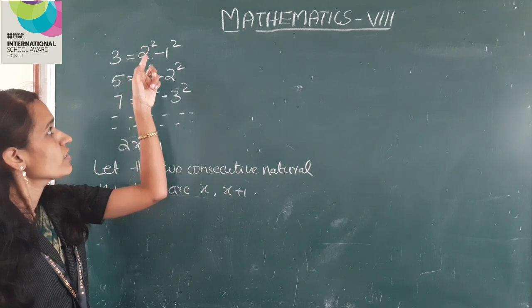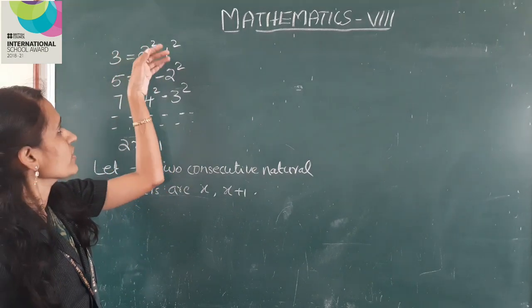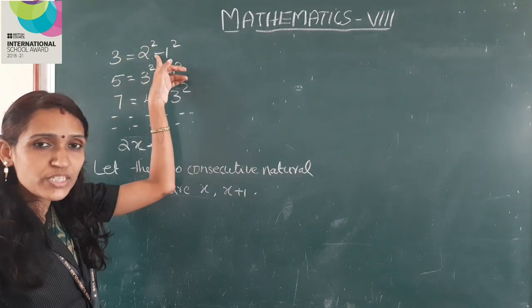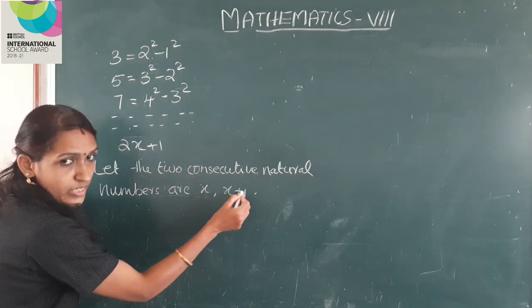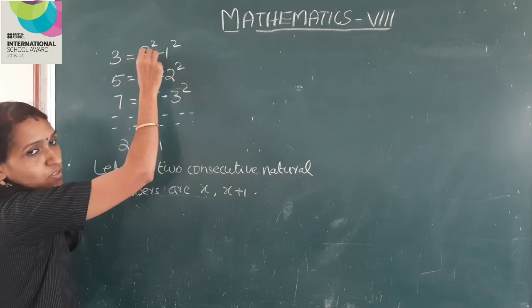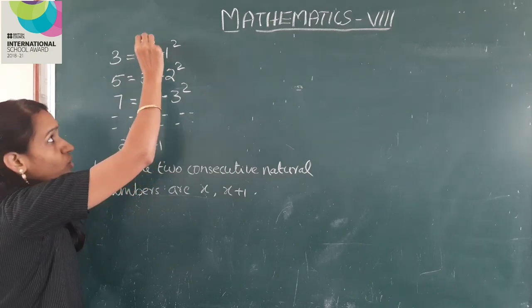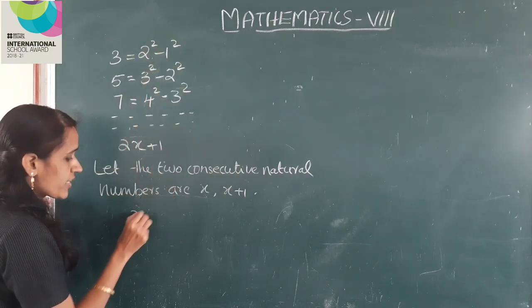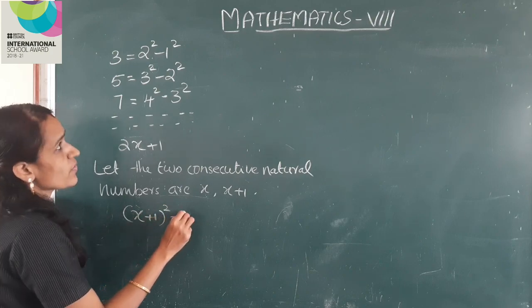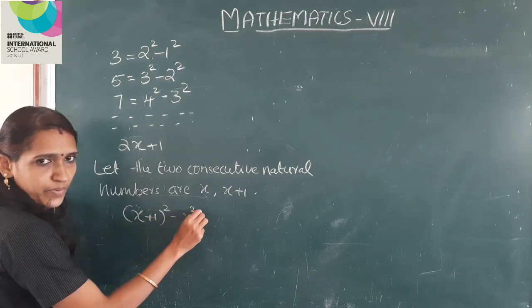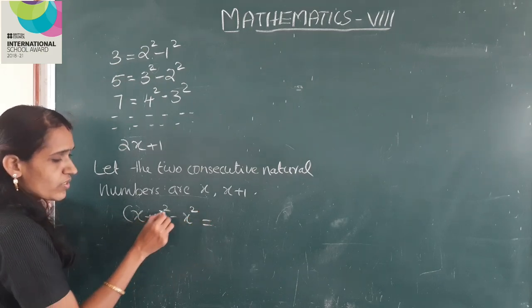Here we want the difference of the squares of the consecutive natural numbers. So consecutive numbers are x and x plus 1, and the difference of their squares is x plus 1 whole square minus x square.